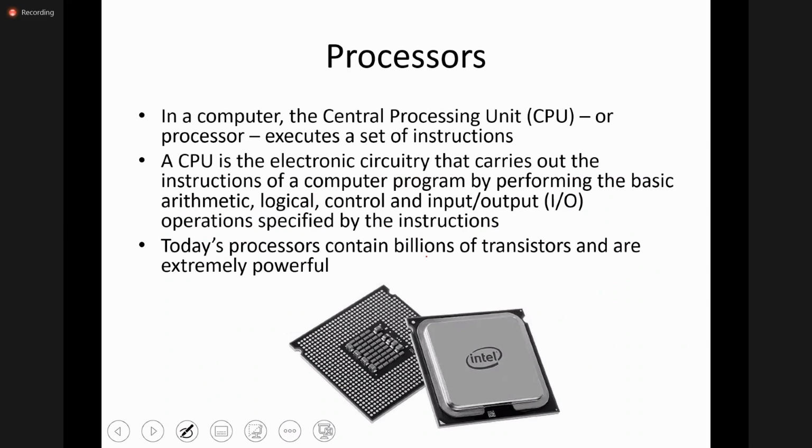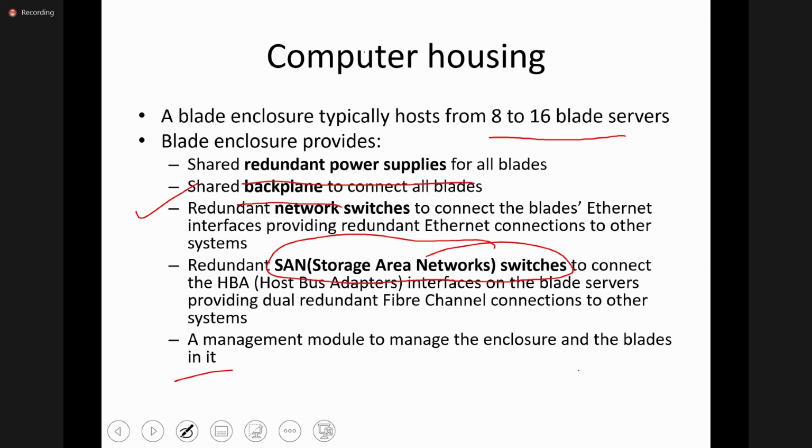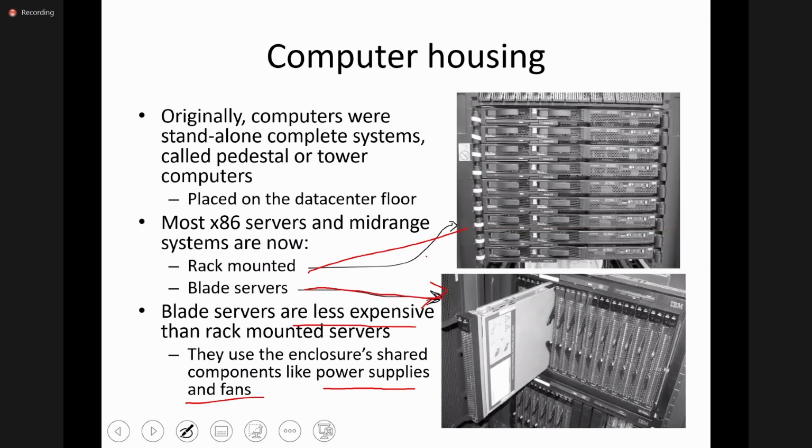Those are the specifications of how we can fit the storage, or the SAN storage area network, on the network. Notice those are the storage. In the vertical, this is the old one, and this is not the old one. This is more expensive. This is less expensive than the rack mounted.